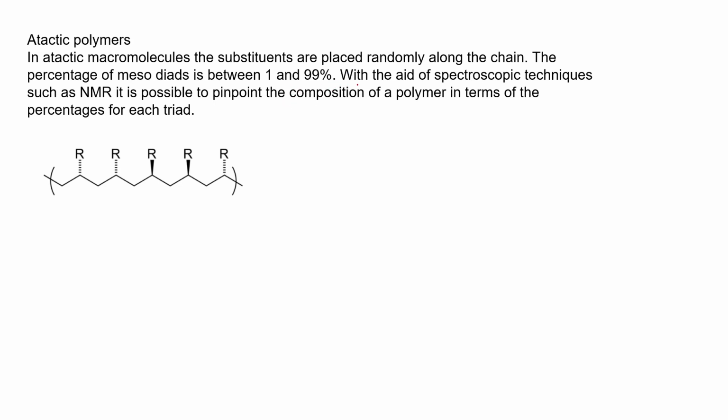If one of the units is not maintaining this particular relation, then only can we call it a tactic diad. So minimum 1% error should be there, and then only can you call this tactic. Means no such order is maintained.